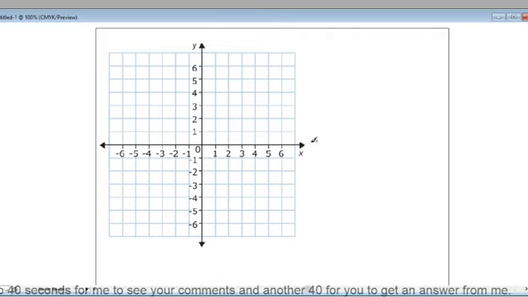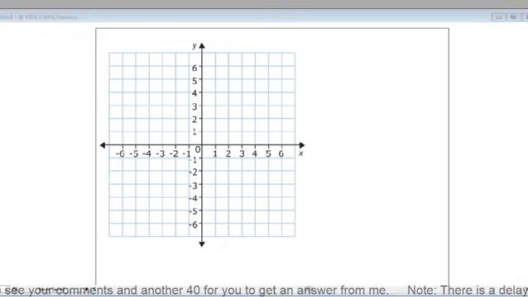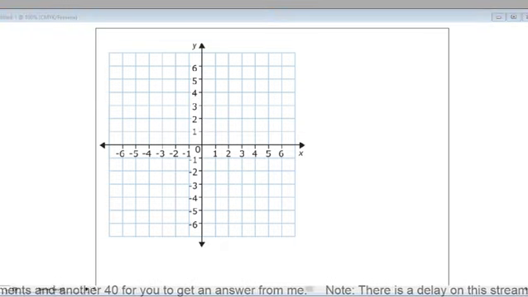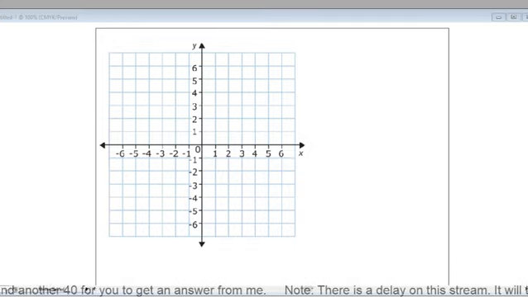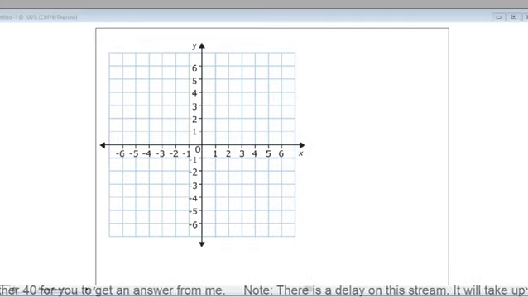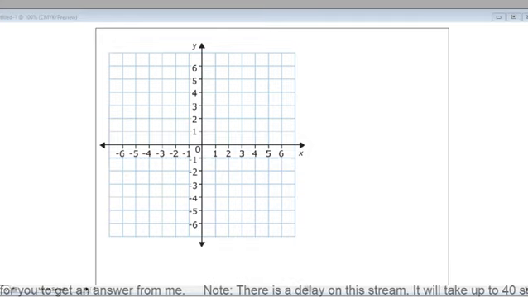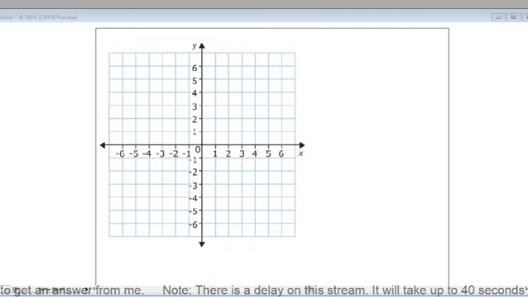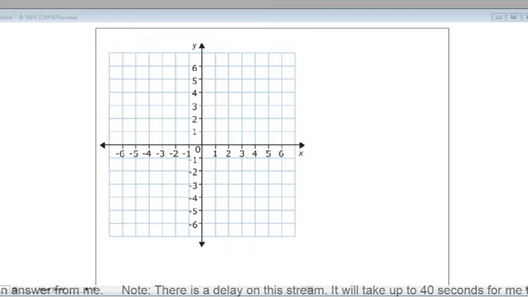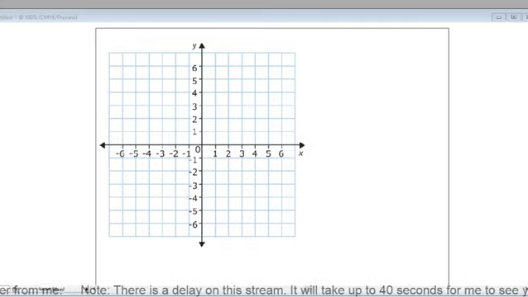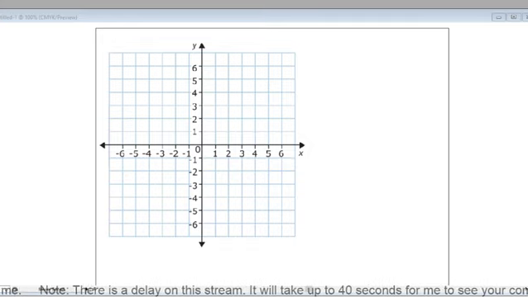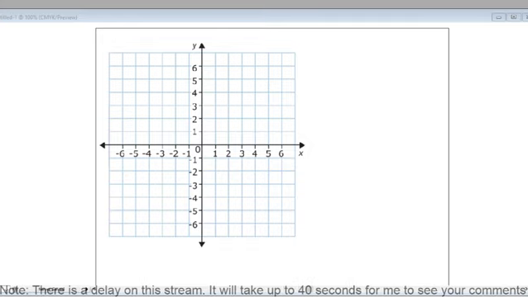And these are labeled X and Y. So we can graph numbers along the X number line, and we can graph numbers along the Y number line. But that means that they're going to correspond to each other. They're going to be related to each other. So we call this the x-axis, and this the y-axis.